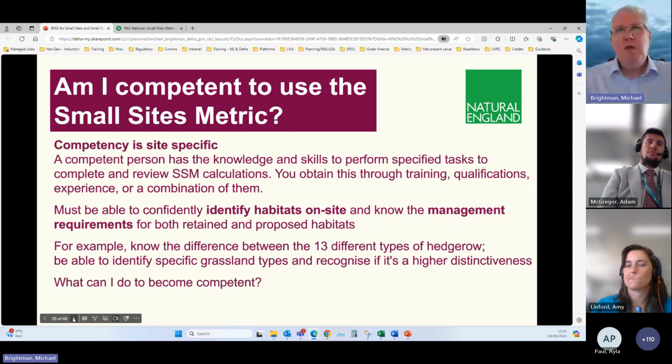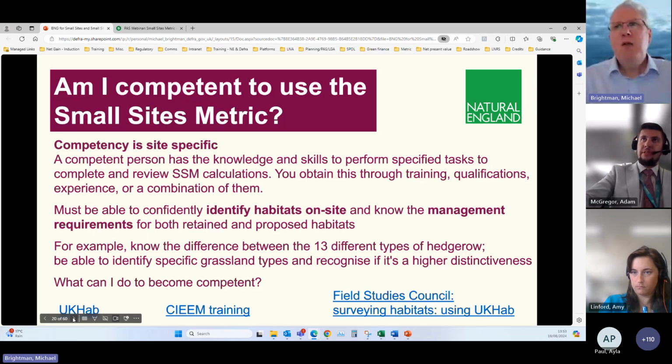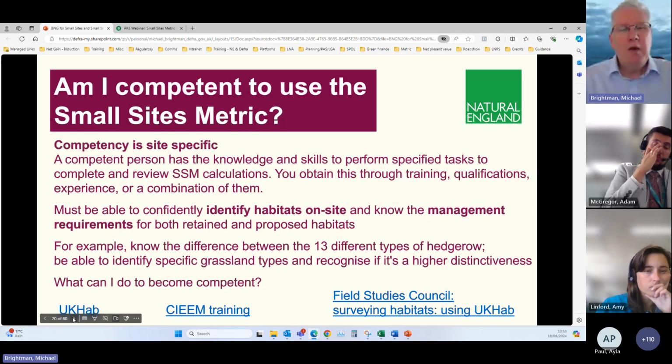It could be that some people will gain competency as the years go on, or they become competent for a wider range of sites. The suggestion is that you can do that by taking part in training and/or gaining qualifications and experience. They could take courses on UK HAB. They could look at the wide range of training available from CIEEM, the Chartered Institute of Ecologists and Environmental Managers.